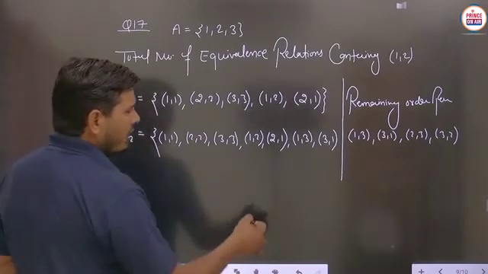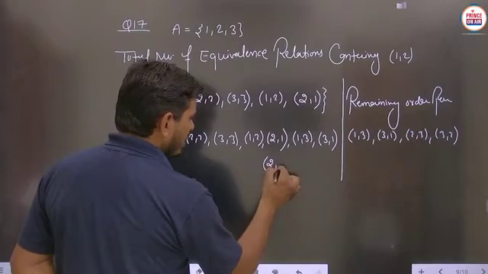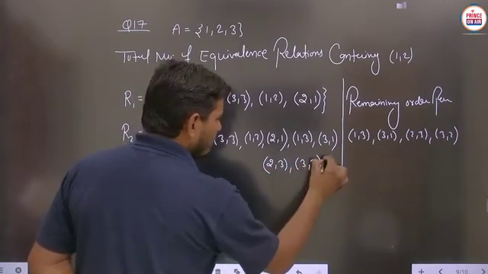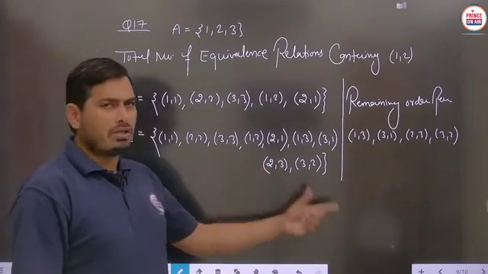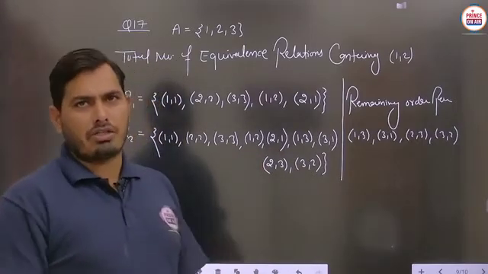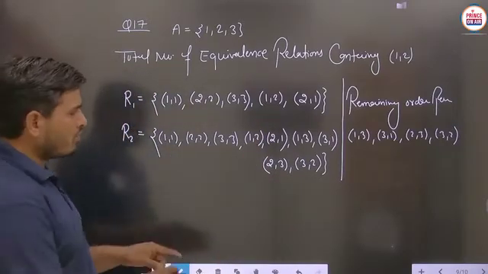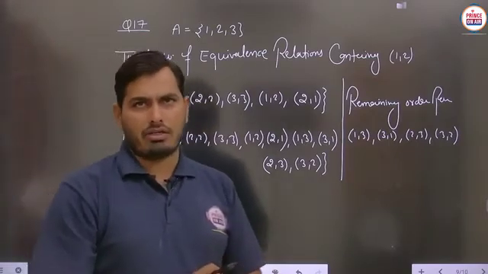Now suppose we include the next ordered pairs 2 3 and 3 2. Then in this case, this particular relation is said to be the universal relation, because all the ordered pairs are included here. So this kind of relation is known as the universal relation. Is it to be clear?